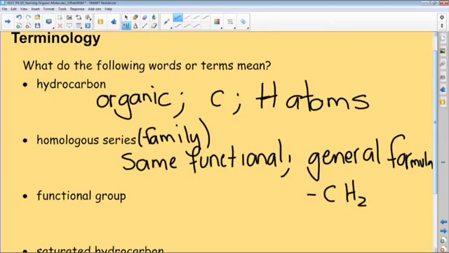So for every part in the series, we add a CH2, makes it longer and longer. So that's your homologous series, and this is what we're going to focus on today.